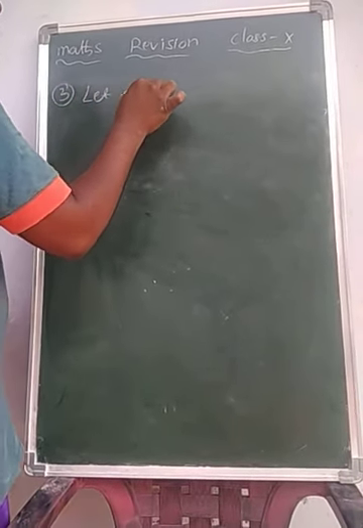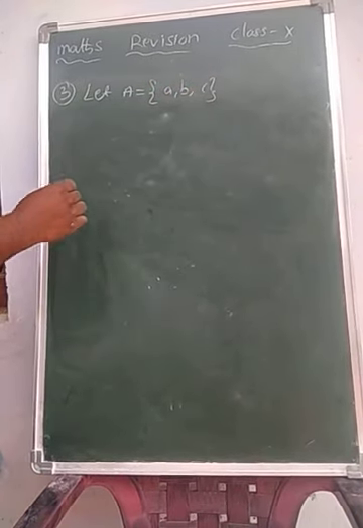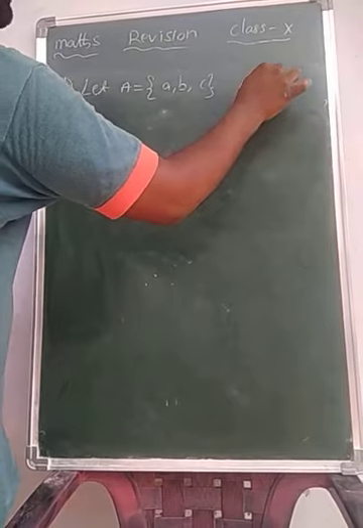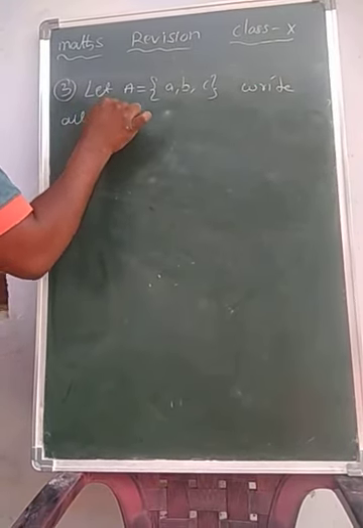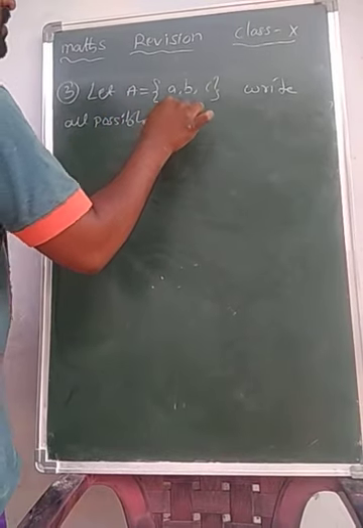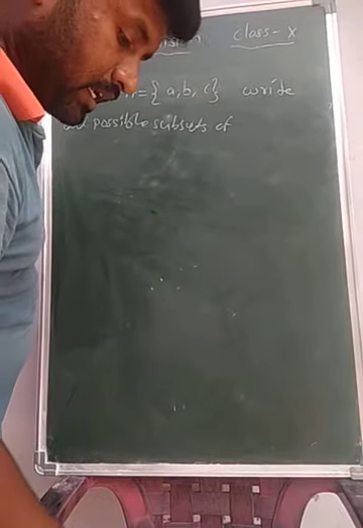Let A is equal to {a, b, c}. Write all possible subsets of A.